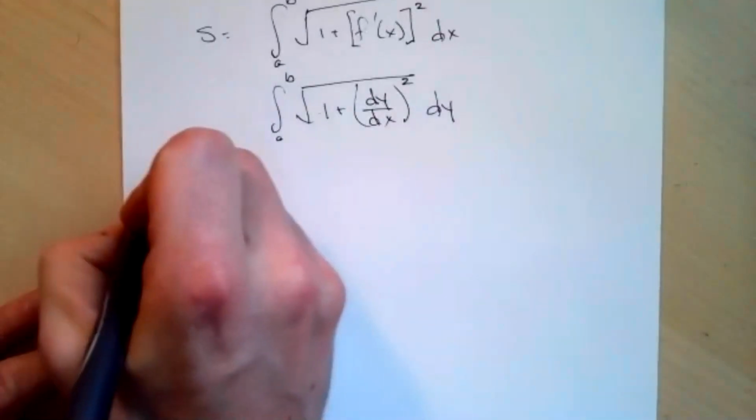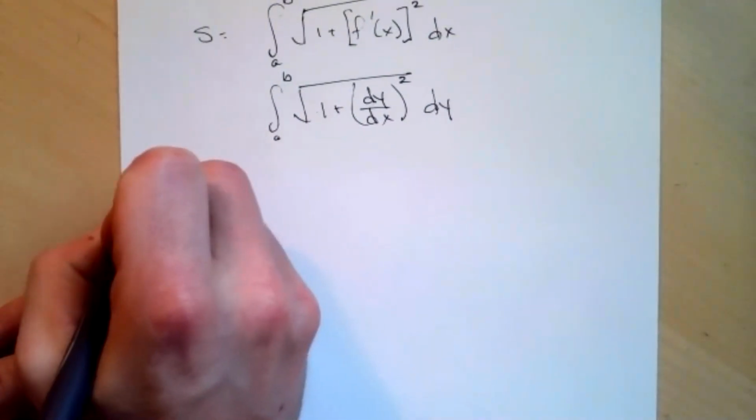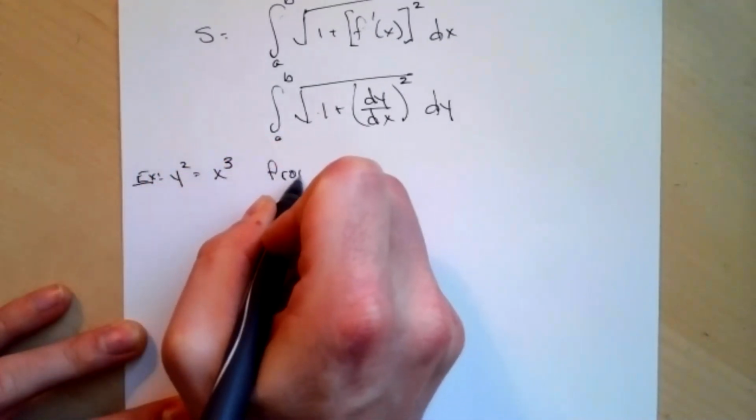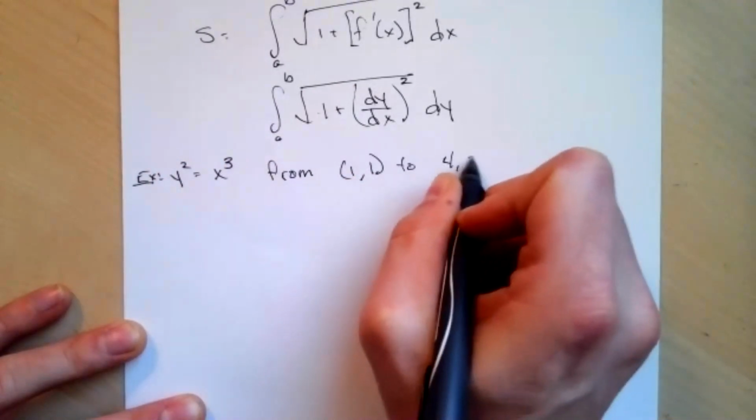And so we had an example of y squared equals x cubed from 1,1 to 4,8.